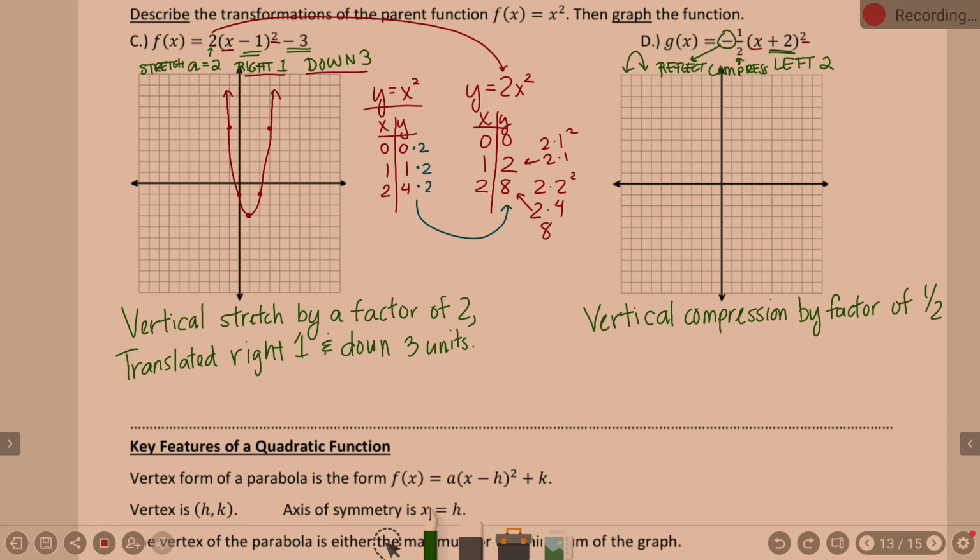Just use 1/2. Because what is the negative? The negative represents the reflection. So the stretch or compression is always a positive value. Because then the negative means I'm going to reflect across the x-axis.